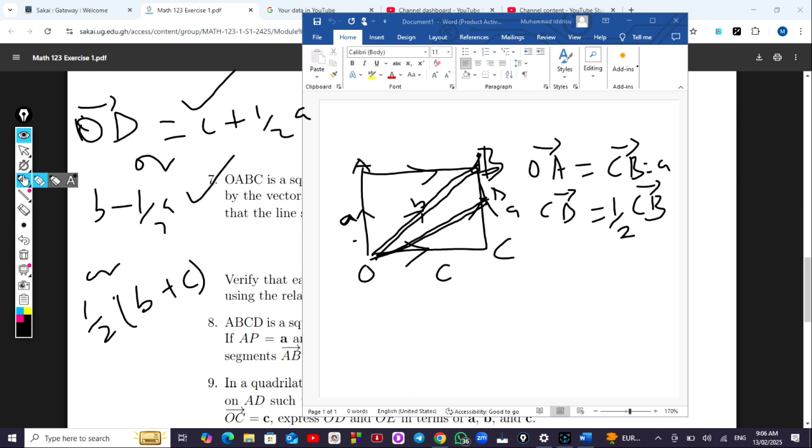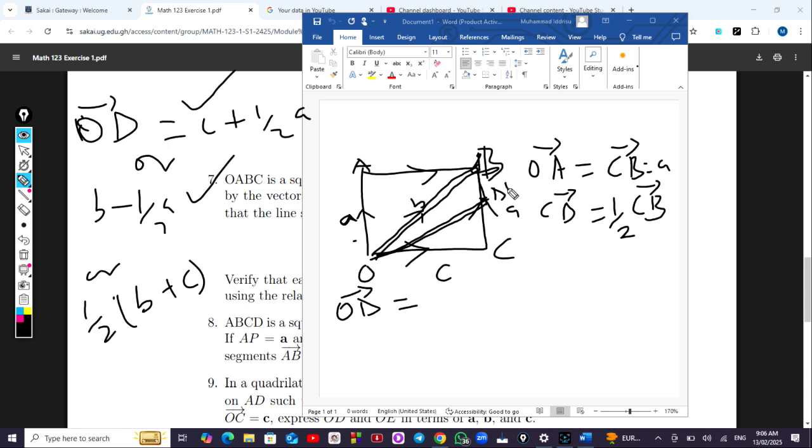This will be much easier if you use the concept of line division. You can see that D divides BC in the ratio 1:1 because it is the midpoint.